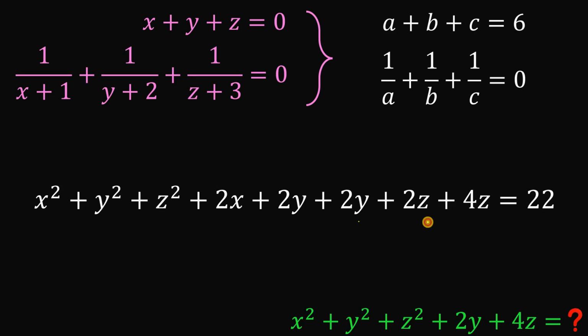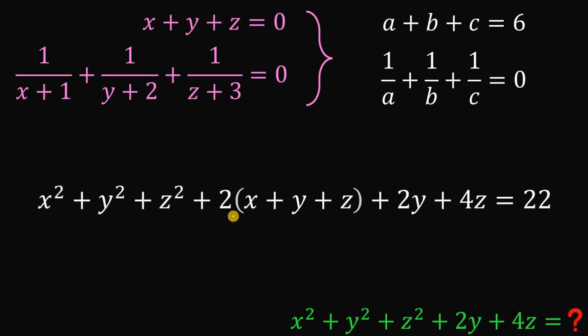Now at this point, let's rearrange some terms a little bit. Because here we have 2y plus 4z. This is what we want to find. And focus on these three terms. We have a common factor of 2. So why not? Let's factor out 2. And we have 2 multiplied by x plus y plus z. We know the value of x plus y plus z.